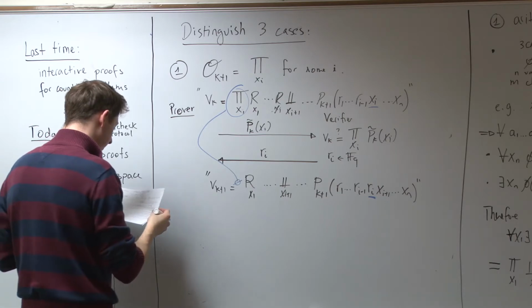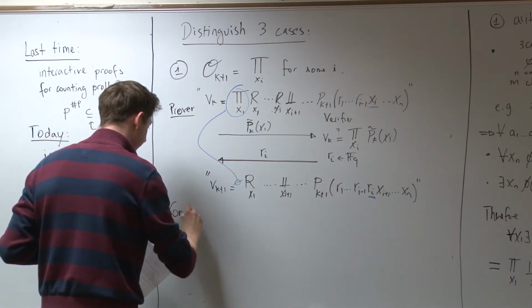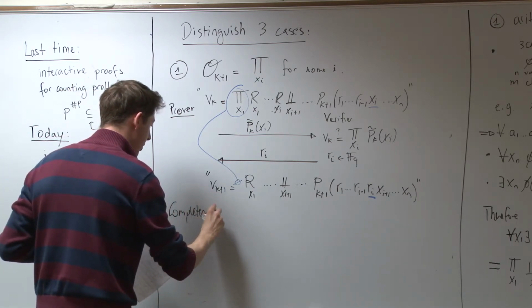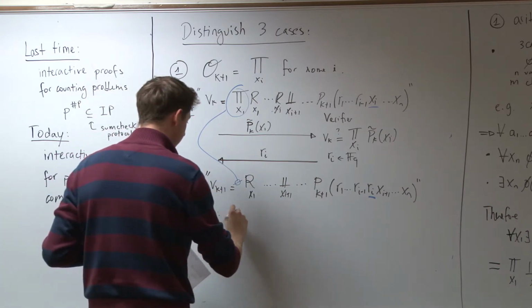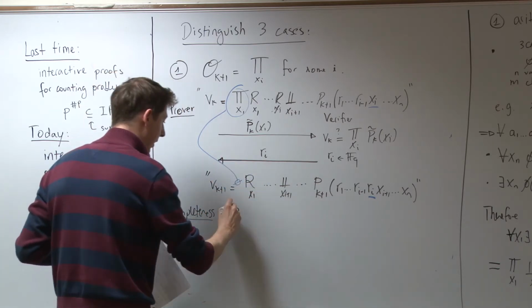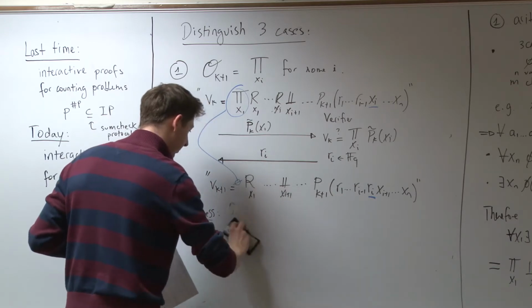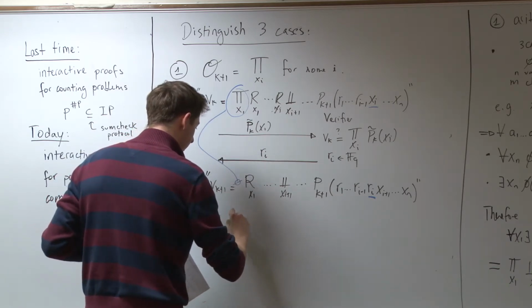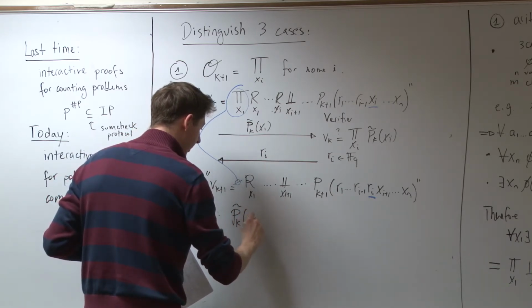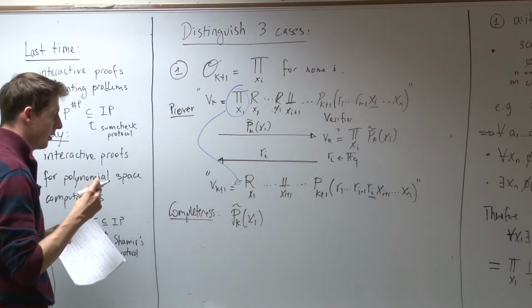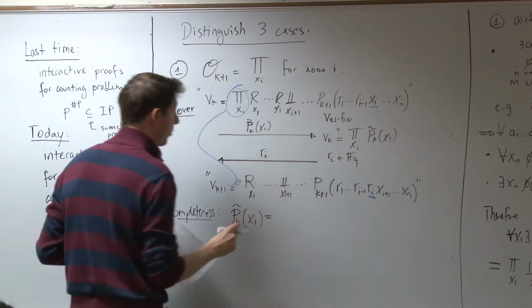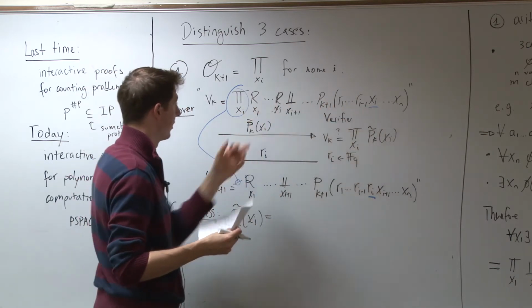So now completeness, let's just formalize what it is that we want, what we just said, that the honest polynomial to send is just whatever you get by taking all this stuff, okay?